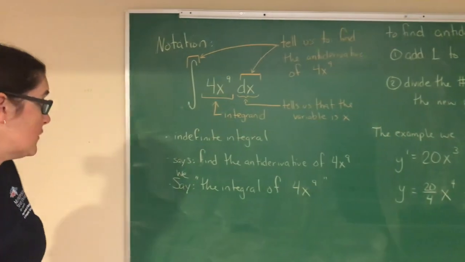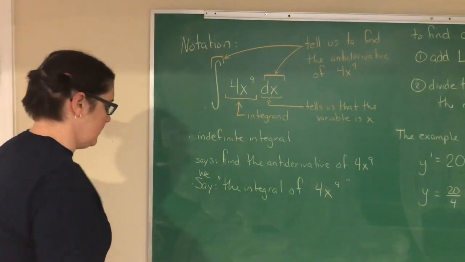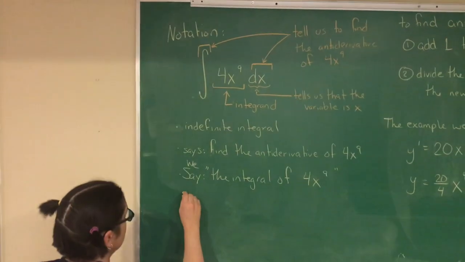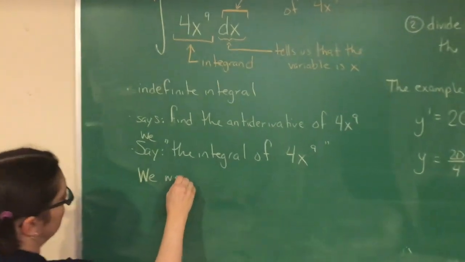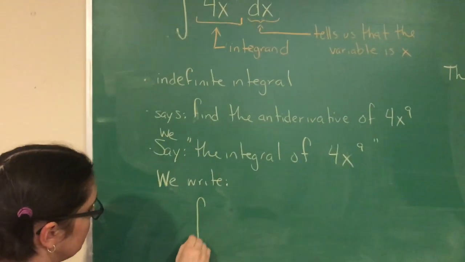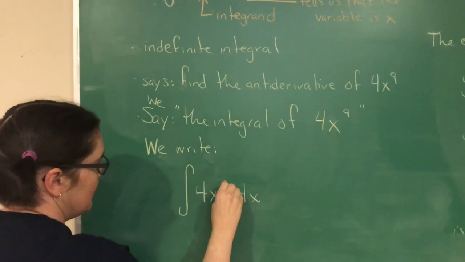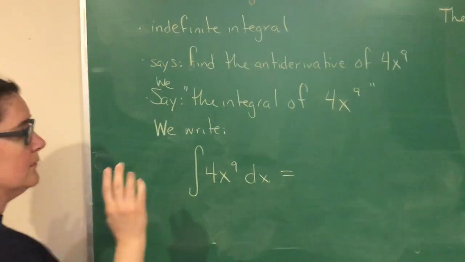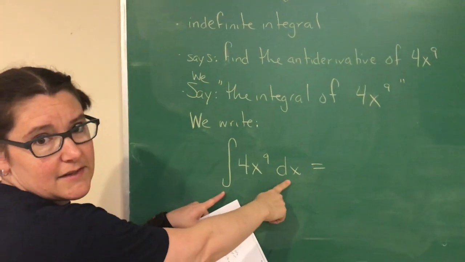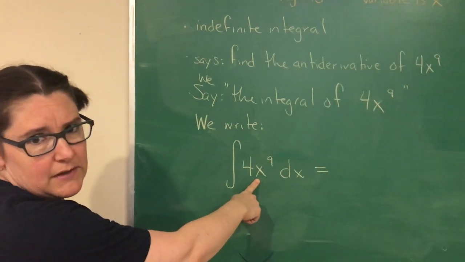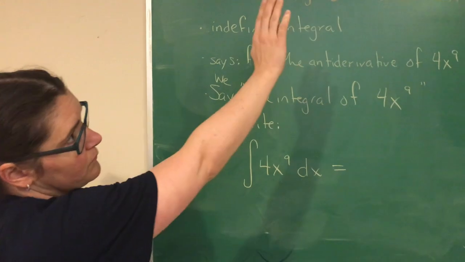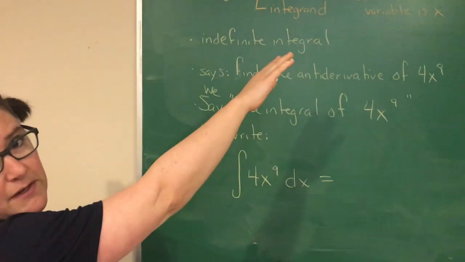And then to answer the question, or to evaluate this integral, we write the integral of 4x to the 9th dx is equal to, okay, the integral sign and the dx say find the antiderivative of the thing in the middle. So we want to walk through our steps of finding the antiderivative.